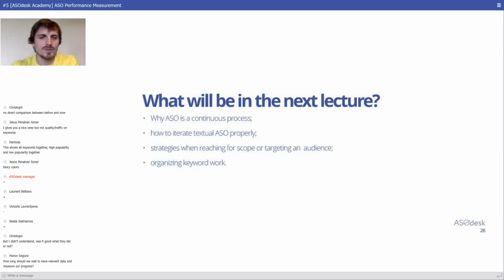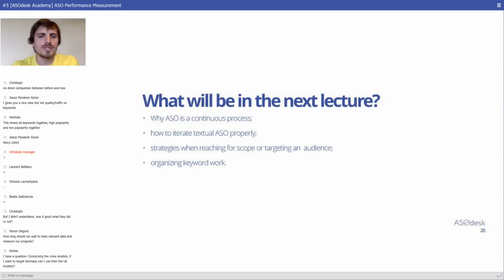Harun, how long should we wait to have relevant data and measure our progress? Good question. On the App Store, normally we might iterate once per 14 days. When you do an iteration, as you remember, stores update indexation of the applications every few hours.